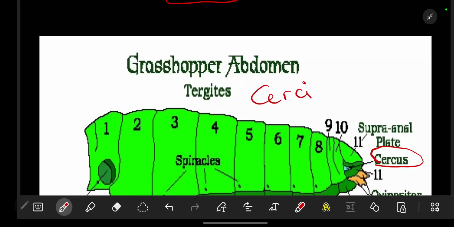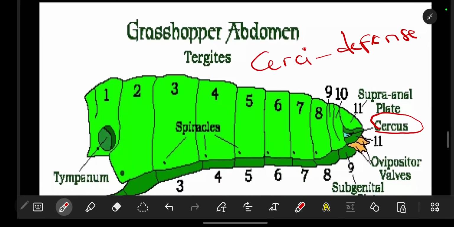So these cerci are useful in defensive mechanisms if the insect wants to fight against predators. They also help the insect sense approaching predators. They are able to detect vibrations, to see the change in the vibration of the organisms that are moving.